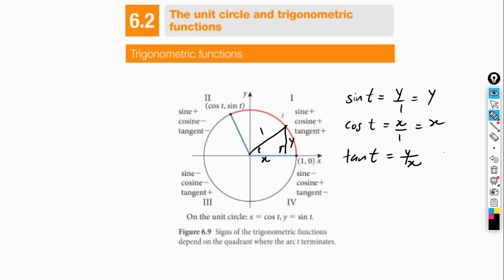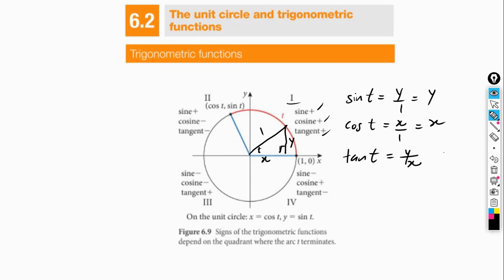Another thing to notice is that the positive or negative sign for cosine, tangent or sine depends on the quadrant where the angle is located. For example, in the first quadrant, sine is positive, cosine is positive, and tangent therefore will be positive, since tangent is sine over cosine, or y over x.